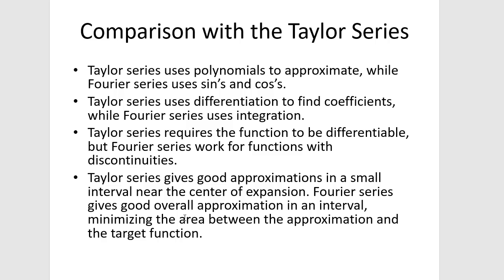Taylor series requires the function to be differentiable, of course, because in order to differentiate, the function has to be differentiable, right? But for Fourier series, because you just have to integrate, it doesn't have to be differentiable. Actually, this is one of the reasons why people like Fourier series. Taylor series gives good approximation in a small interval near the center of expansion, whereas Fourier series gives good overall approximation in the interval, minimizing the area between the approximation and the target function.